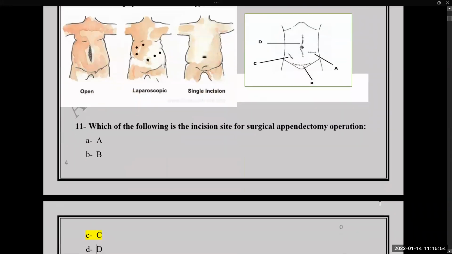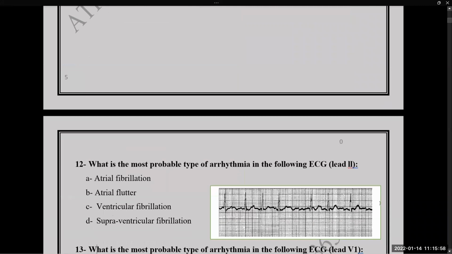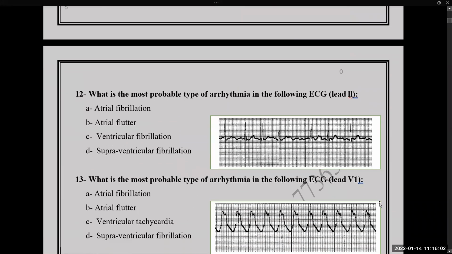Question number 12. Which is the most probable type of arrhythmia in the ECG? Lead 2. Atrial fibrillation. It is not ventricular, because the QRS complex is normal.